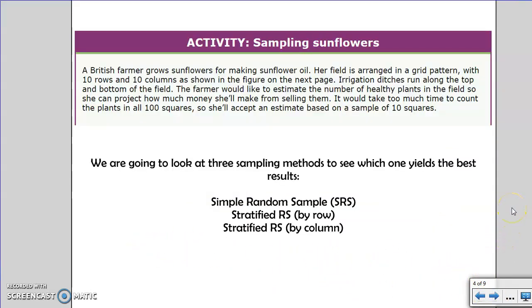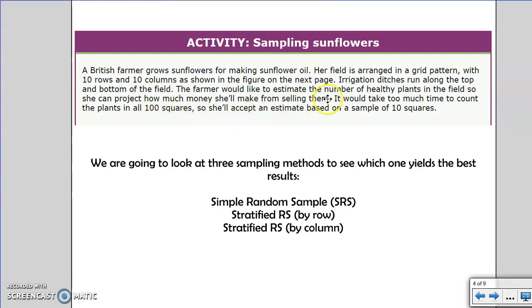Okay, so this is an activity that's in the book. It's about a farmer who grows sunflowers for making sunflower oil, and she has her field arranged in a grid pattern, 10 rows and 10 columns, and I'll show you the picture on the next page. There are some irrigation ditches that run along the top and the bottom of the field. That's going to be important for us when we get to Thursday's class.